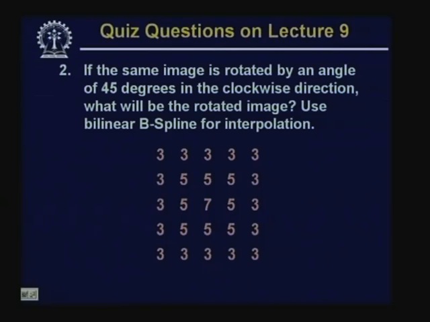The second question: if the same image, which is given by this matrix again, is rotated by an angle of 45 degrees in the clockwise direction, what will be the rotated image? Use bilinear B-spline for interpolation. Thank you.